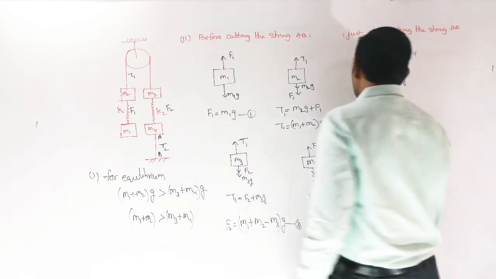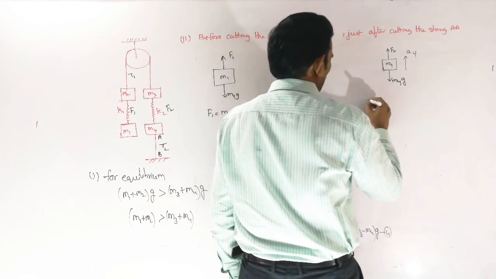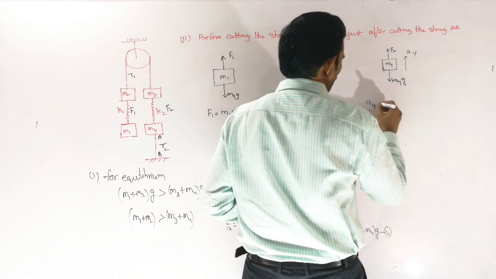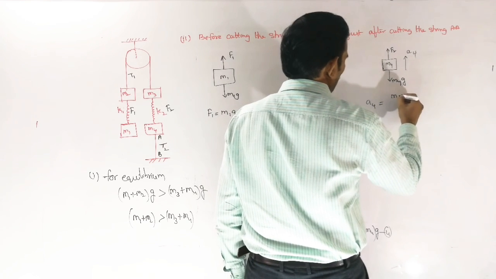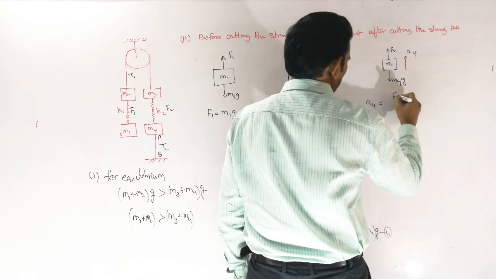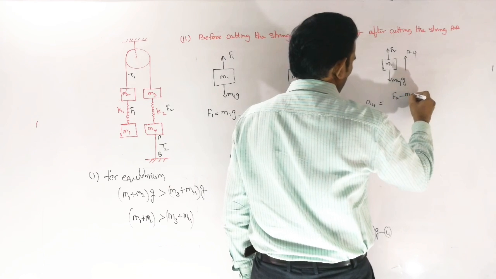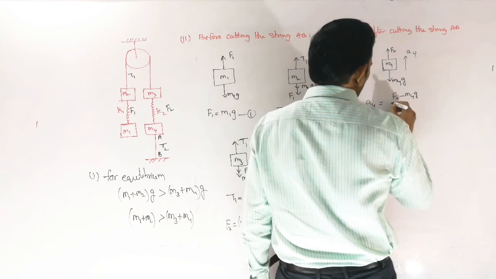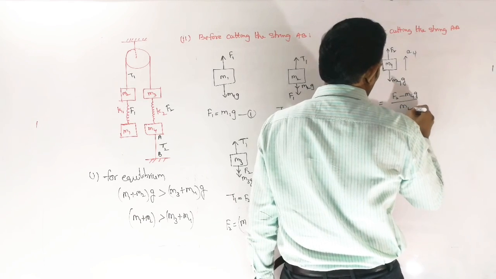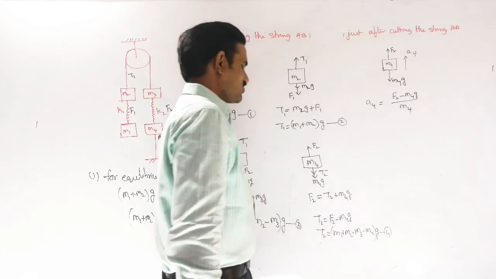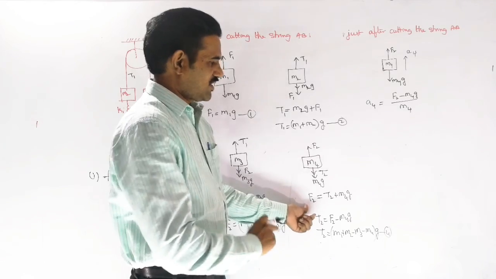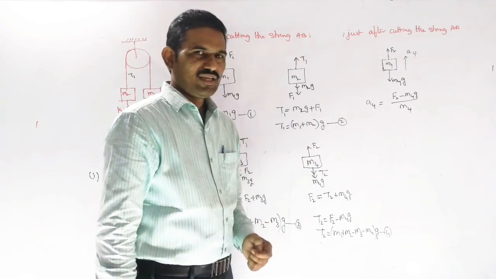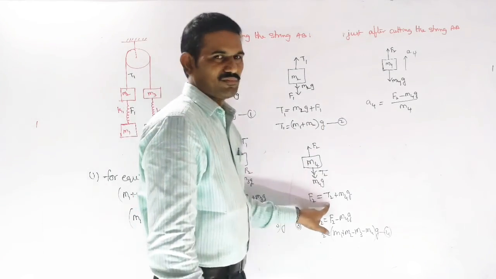And so now we may write the acceleration of this fourth block. Therefore A4 is equal to (F2 minus M4 into G) by M4. And from the equation you can observe that F2 minus M4 G is nothing but T2, right?